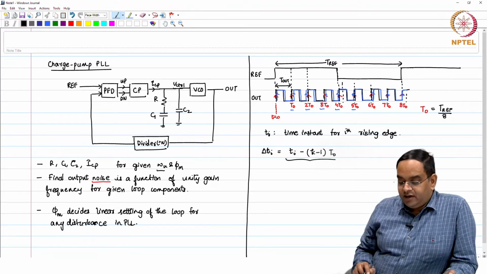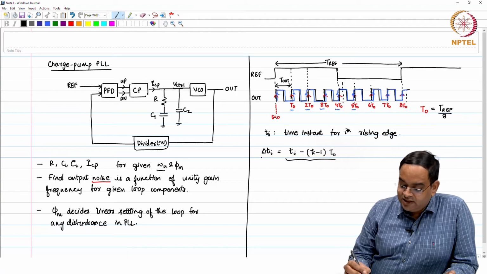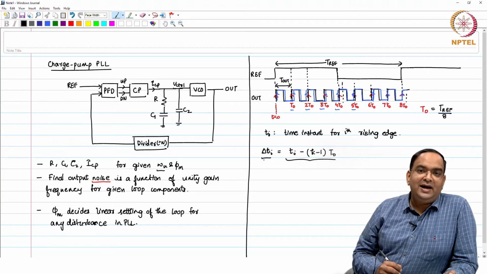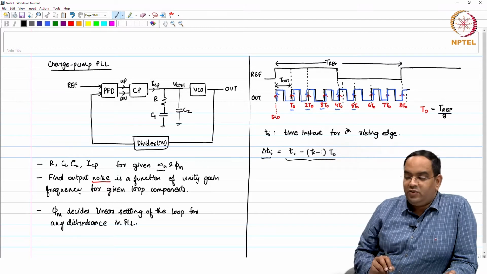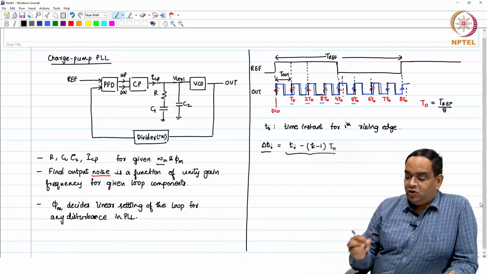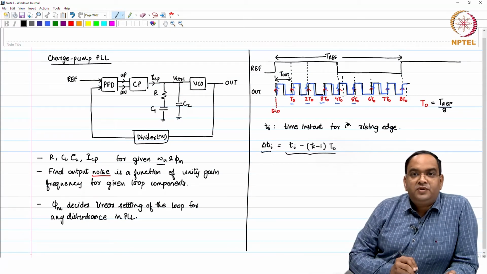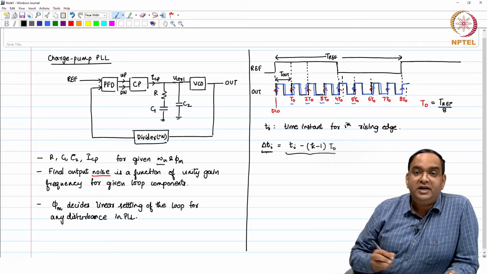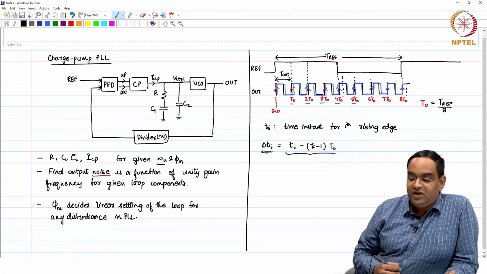What we require in our PLL is that this delta T_i should be as low as possible. Ideally, it should be 0, then you get a perfect clock. So, we measure the performance of our PLL in terms of this delta T_i, that is, how much variation we have.